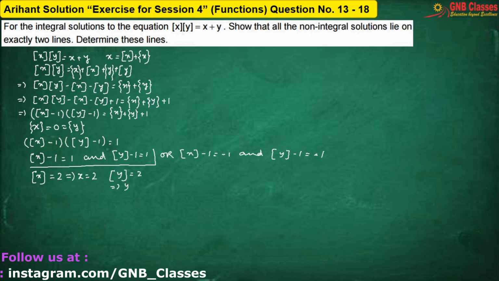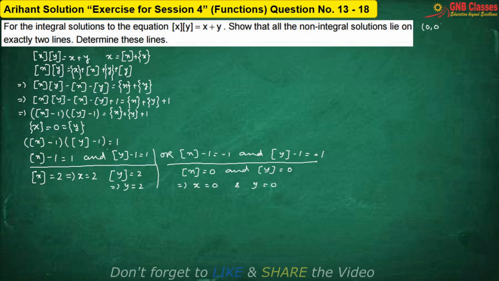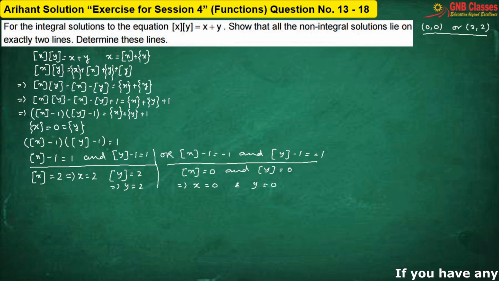Similarly, y is 2, and from the other part, for integral values x will be 0 and y will be 0. Therefore, the integral solution is (0, 0) or (2, 2). Is it clear? Now let me do the next part of this sum.